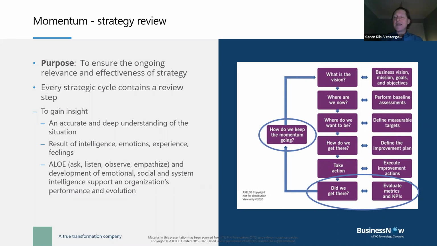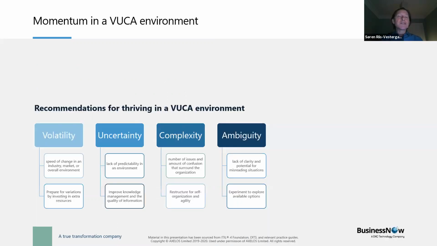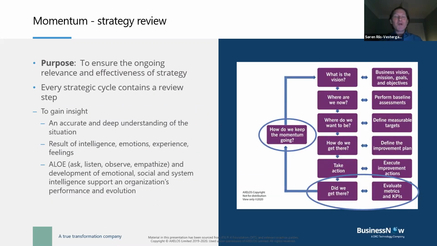That this is actually as important as the more objectively measurable stuff that we're used to working with. So to ask, to listen, to observe, to empathize are really important steps to take and bring into a strategy review.